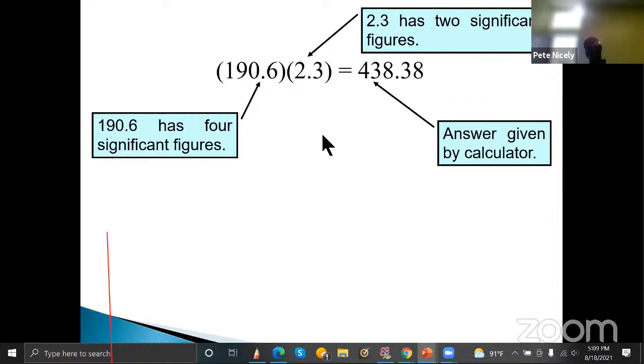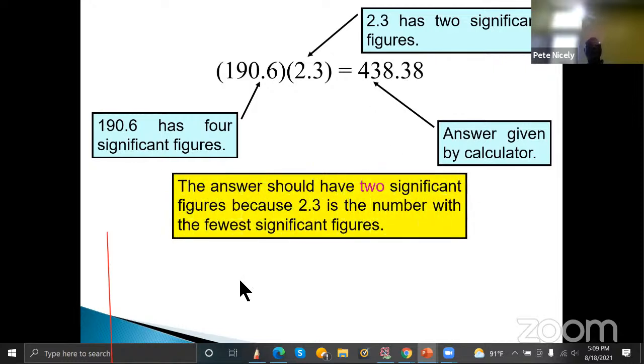So you need to round off this answer to 2 significant figures, because the 2.3 is the one of these two which has the fewest significant figures.